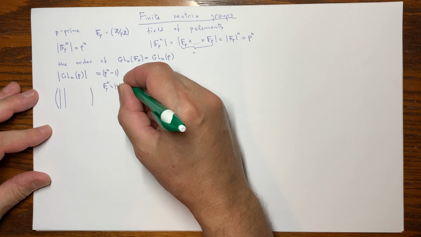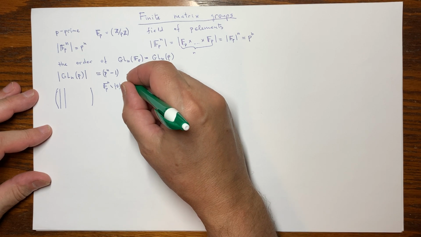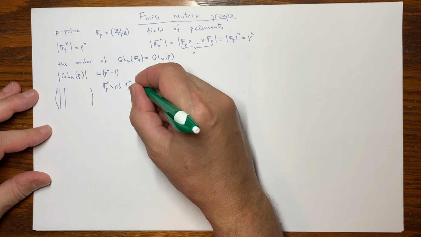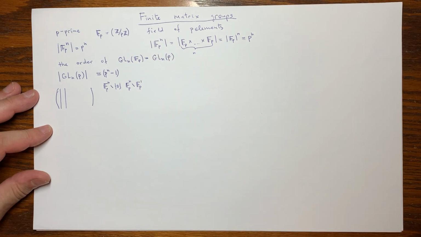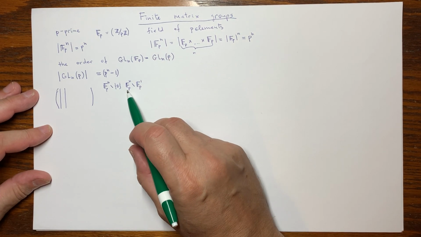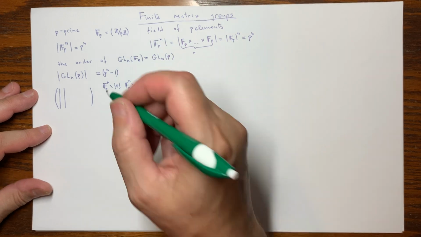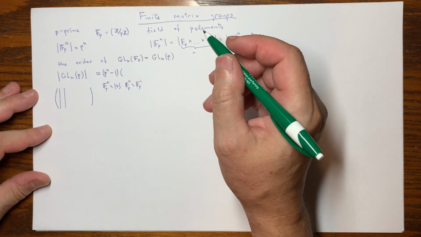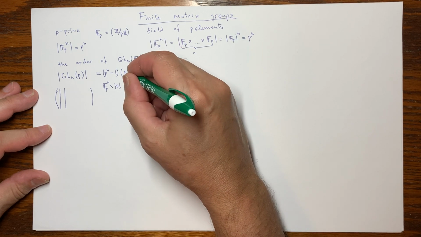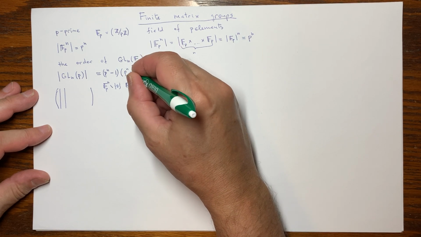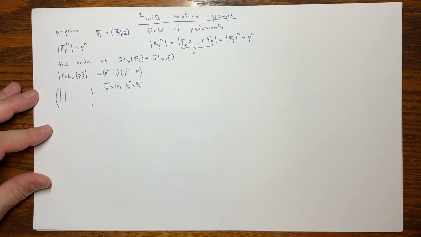So the pool of possible second columns will be all columns, but not those which are proportional to the first chosen. So we take out a one-dimensional subspace from our n-dimensional coordinate space, and to count these possibilities, we have all vectors but those proportional to the first chosen column.